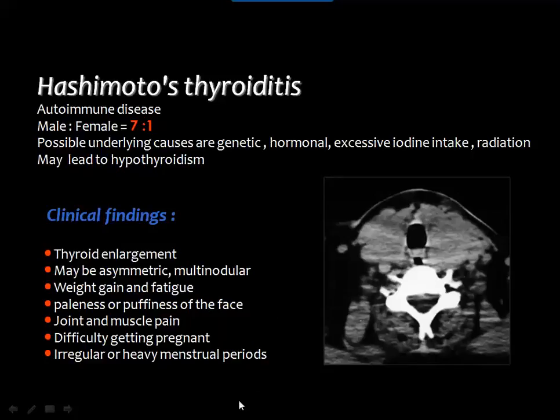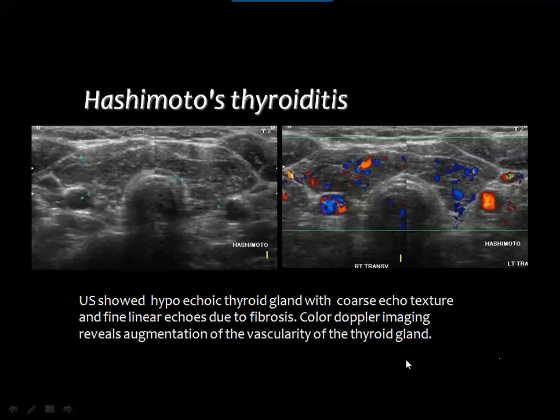The clinical findings include thyroid enlargement, and this enlargement may be symmetric or asymmetric, may be lobulated or smooth, and also the patient may gain weight and feel fatigue, with sometimes the patient is pale and with puffiness of the face and joint and muscle pain, and the females find some difficulties to get pregnant and irregular menstrual cycle. All these are supportive clinical data, but you are not able to reach the diagnosis without the cytology.